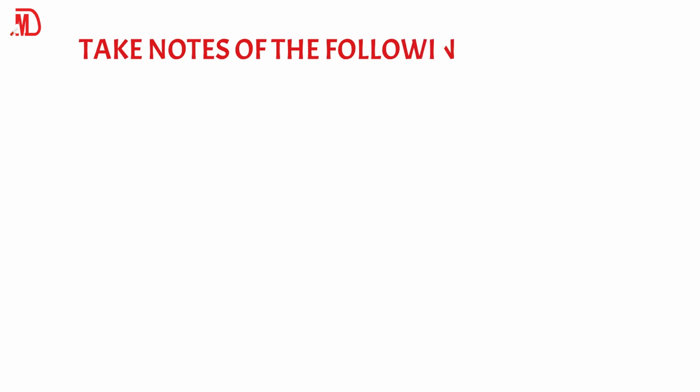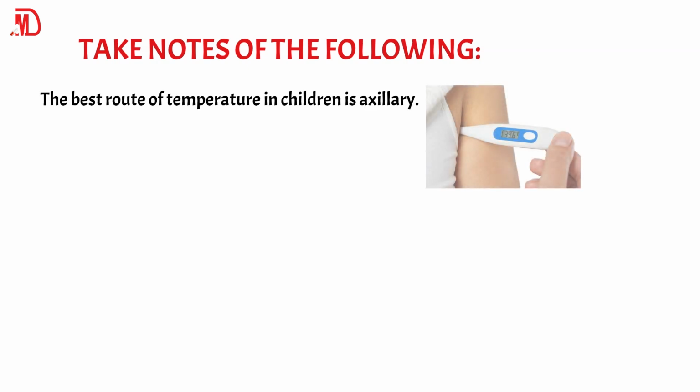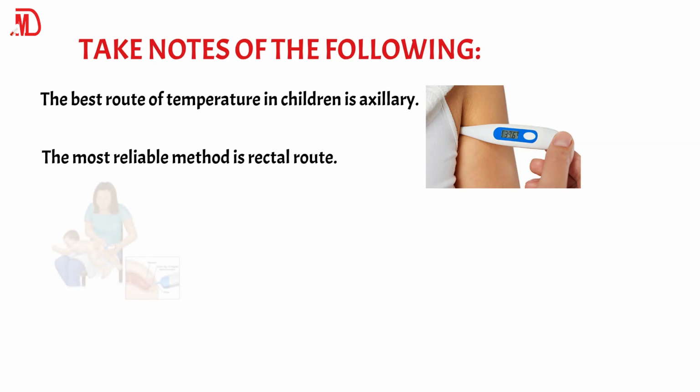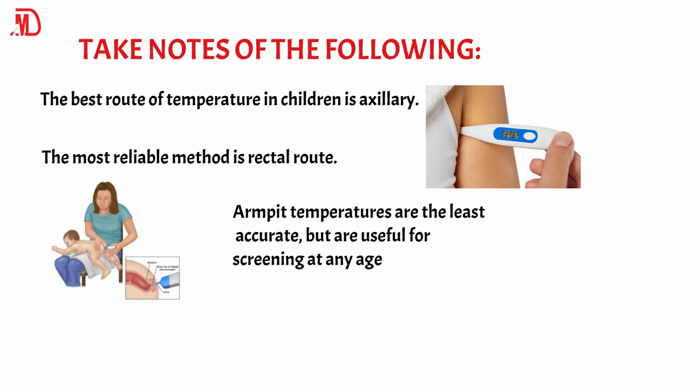Take note of the following. The best route of temperature in children is axillary. However, the most reliable method is the rectal route. Armpit temperatures are the least accurate, but are useful for screening at any age.